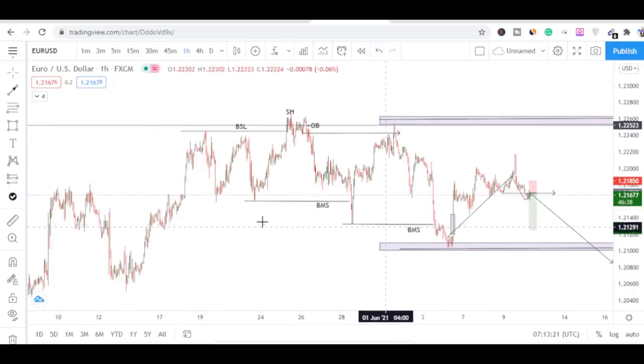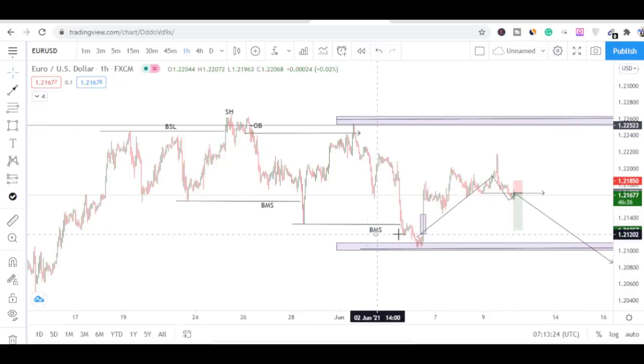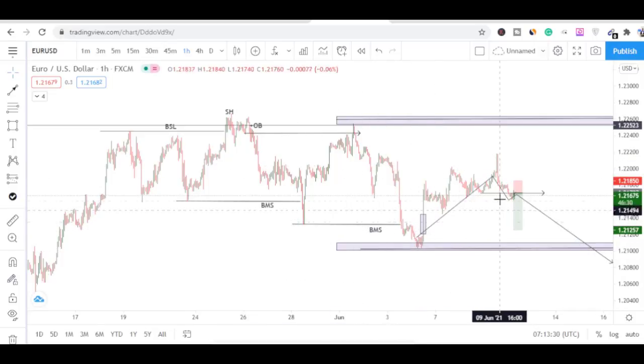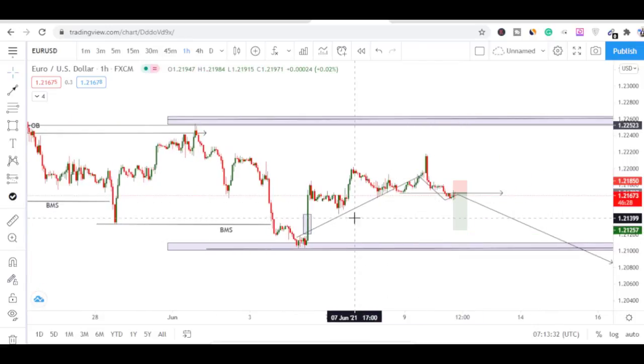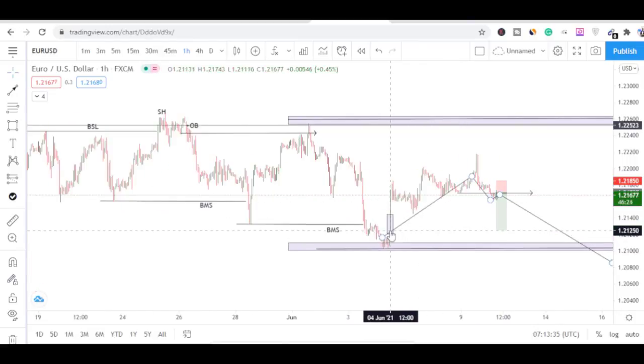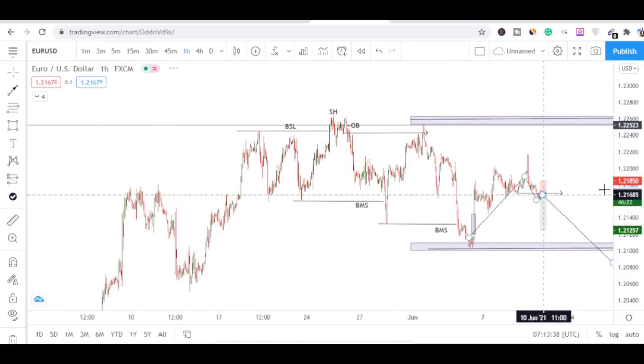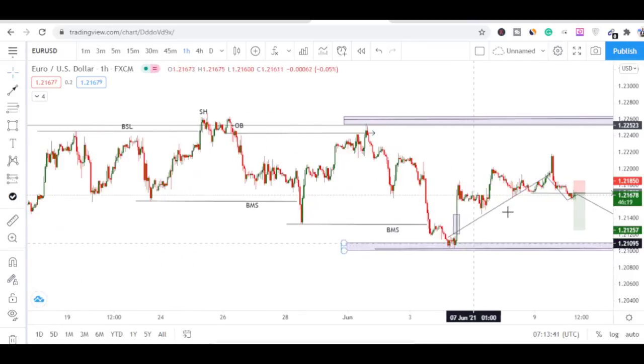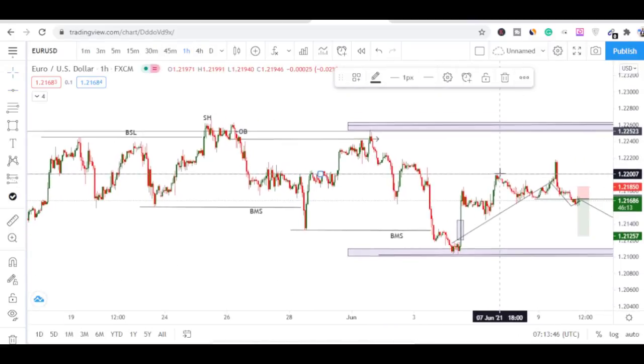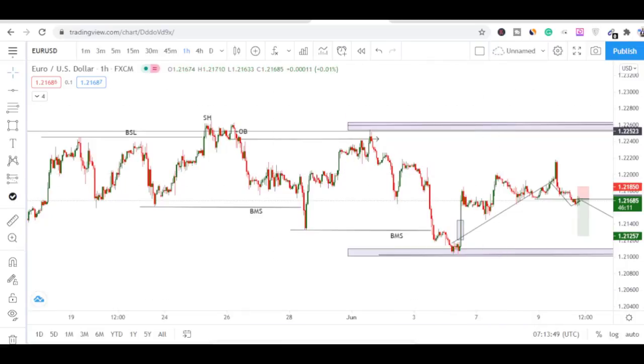So currently we see that we are bullish. We are still bullish here. Sorry, bearish here. Breaking structure. So on the 1 hour chart, we can say okay, what do we have there?